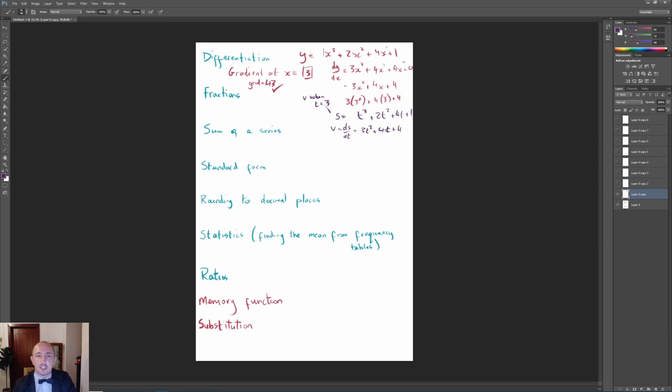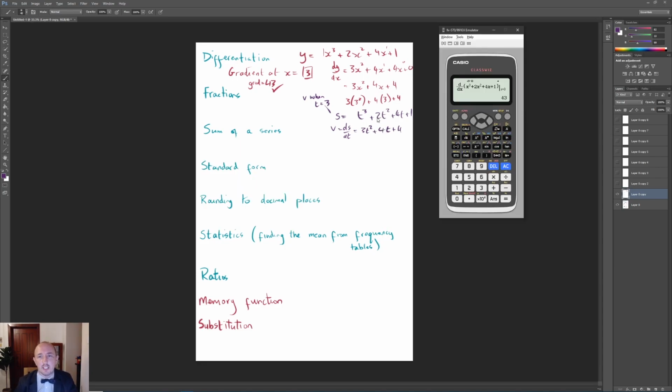So you differentiate it and you put t equals 3 into this, but we can just change the t into an x. Let's do x cubed plus 2x squared plus 4x like we just did, plus the 1. We differentiate it at t equals 3, that's x equals 3. So that's really useful.